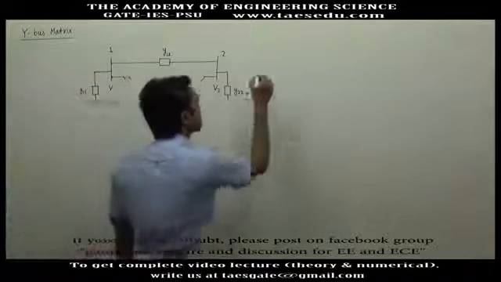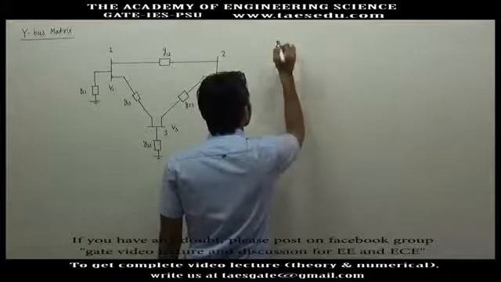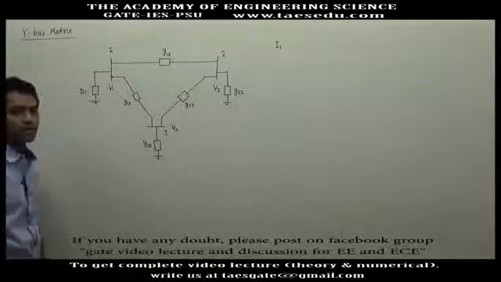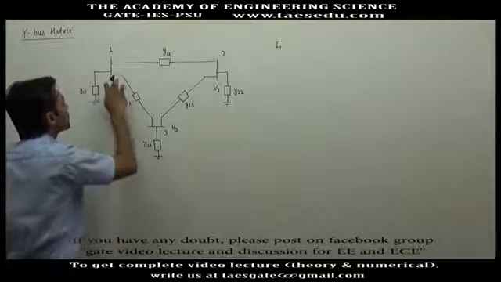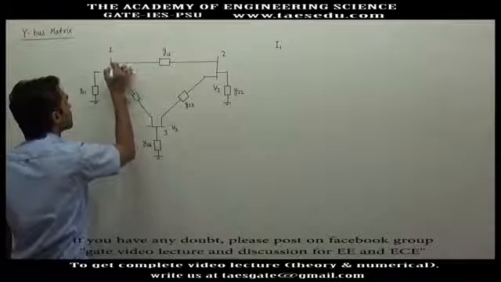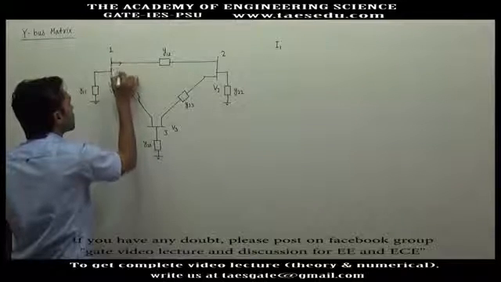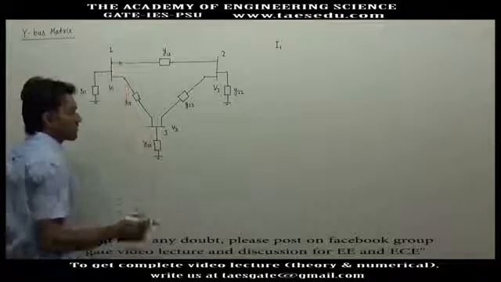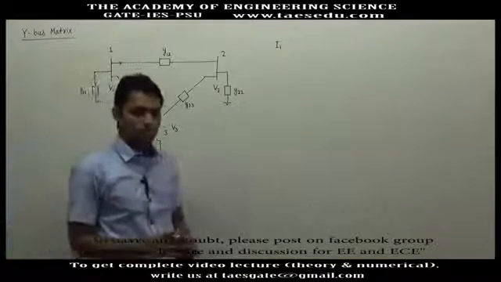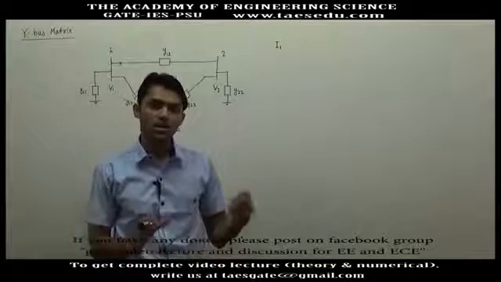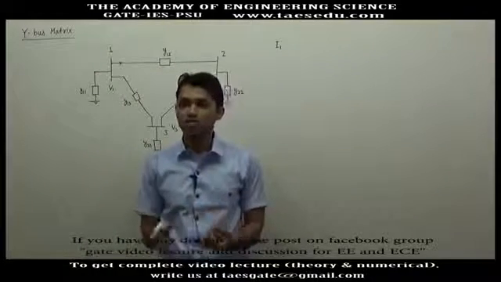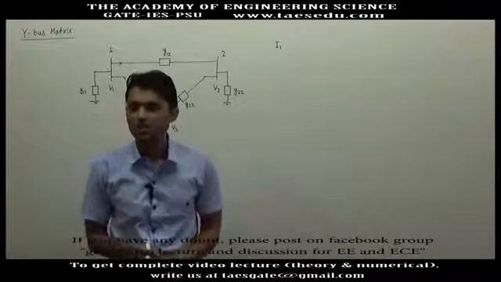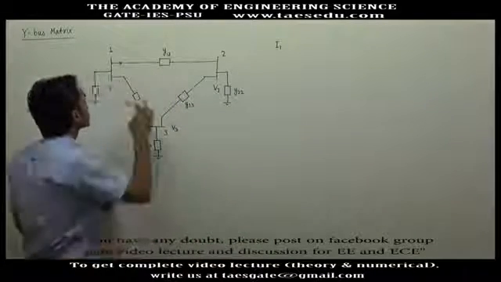Now let us define the current of each bus. What will be I1? What is the total current of a bus? The total incoming current or the total outgoing current. We will take a reference showing that the current is going away from the bus.